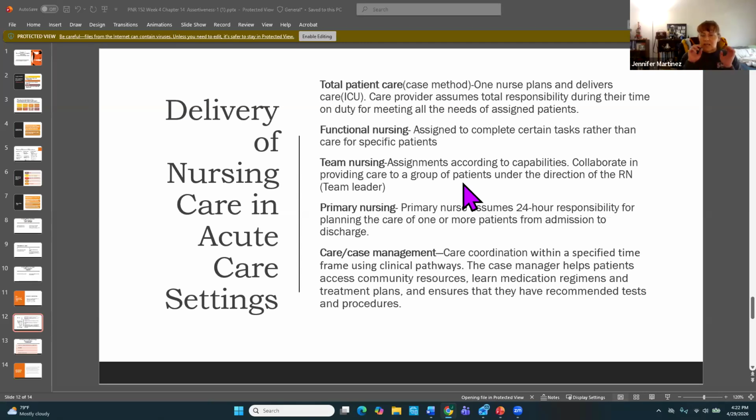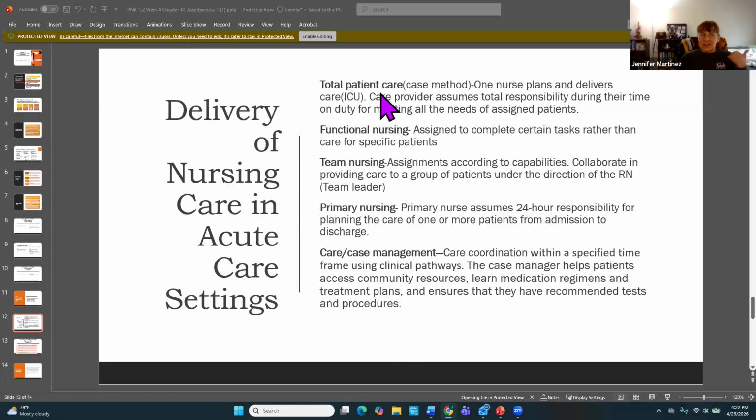Each task is associated with the level of nursing, and everybody has their specific job to do. The CNA provides the basic ADL care, the LPN does medications and treatments, and the RN does care coordination.